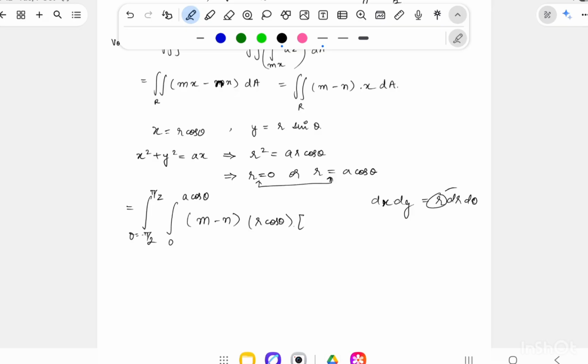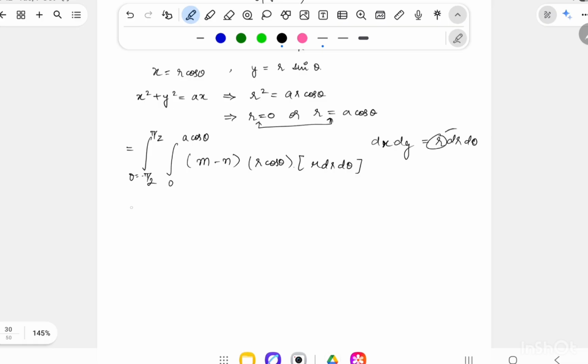So it will be r dr d theta. So it simplifies to the integration from minus pi by 2 to pi by 2. I can pull this m minus n outside the integration sign because it's constant. So the integration from 0 to a cos theta of r square cos theta dr times d theta.